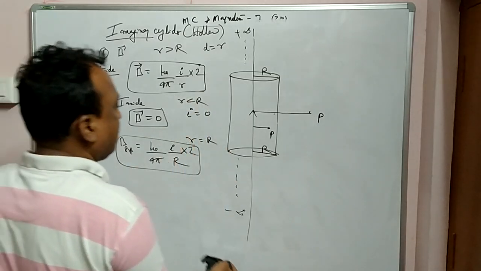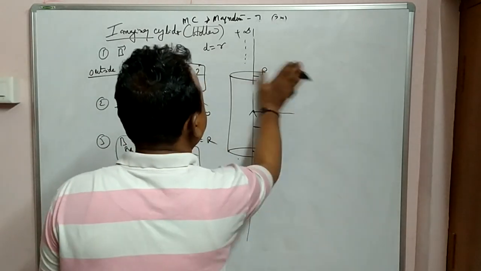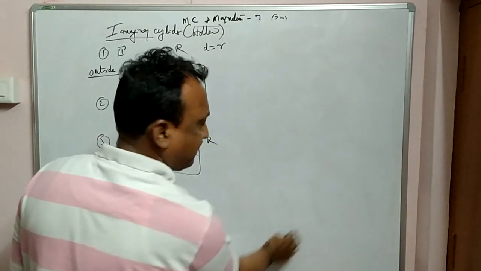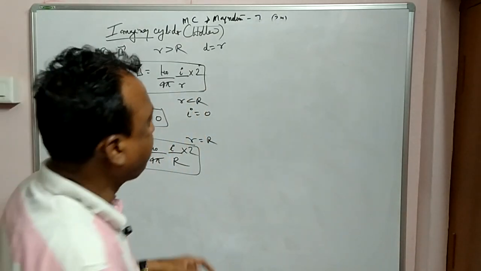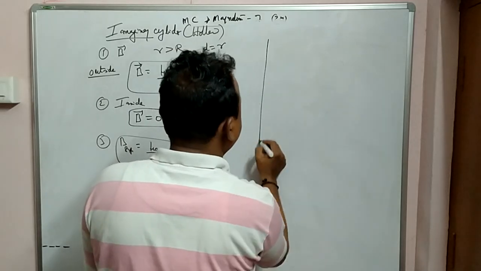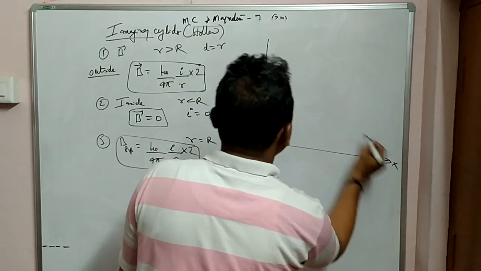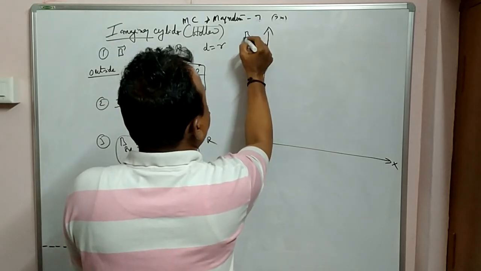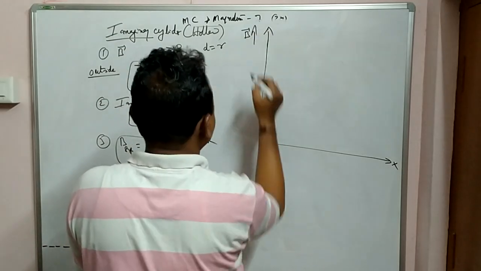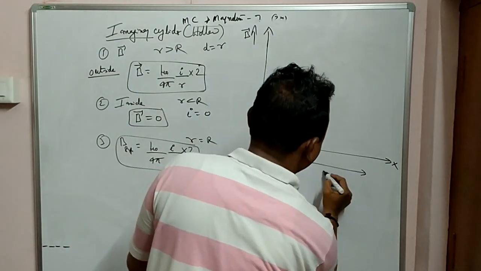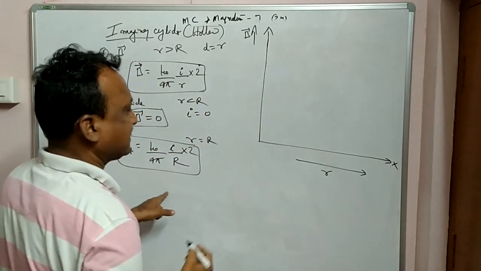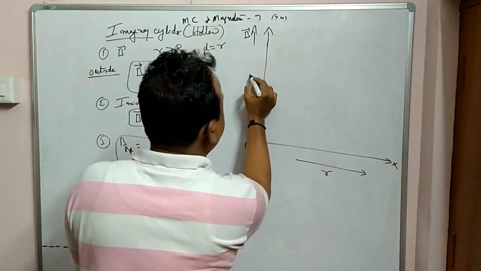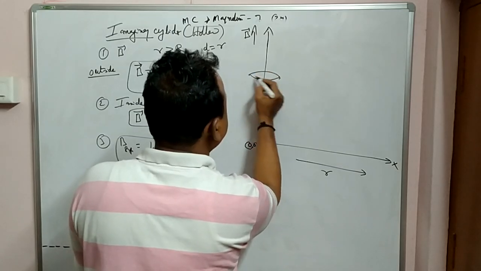Now I will try to draw a graph for this imaginary cylinder. This is the x-axis. The graph is B, the magnetic field, on the y-axis versus radius on the x-axis. This is the origin, the center. We'll draw a small hollow cylinder.